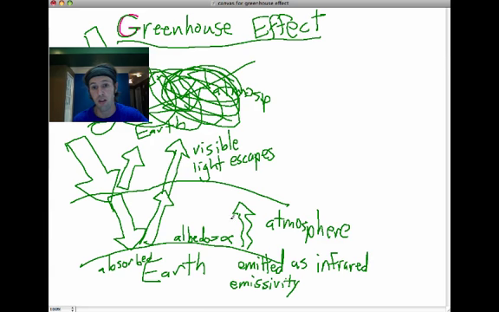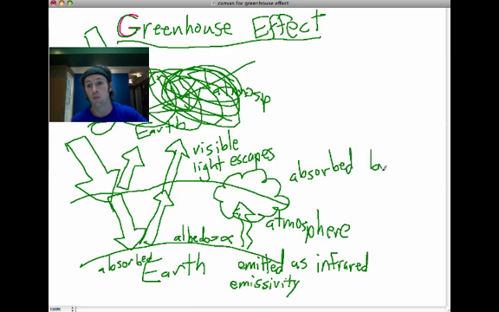And this infrared stuff does then get absorbed by greenhouse gases. Greenhouse gases, like carbon dioxide and water vapor. We'll get to that in a minute.